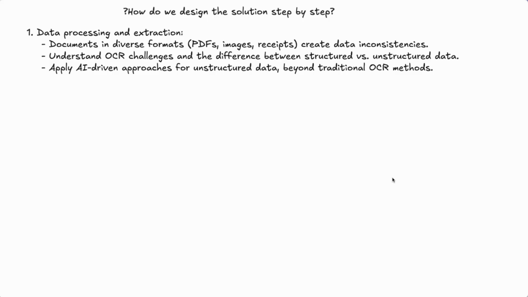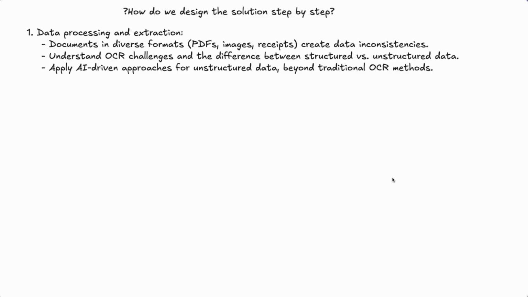Now let's dive in and break this problem down step by step. The first step in solving the problem is to identify the main challenges. In this example, the challenge is to determine whether the documents are structured or unstructured, as this defines our extraction approach.